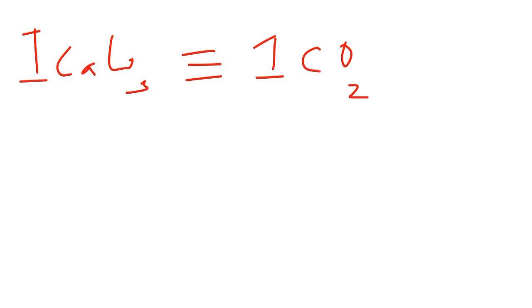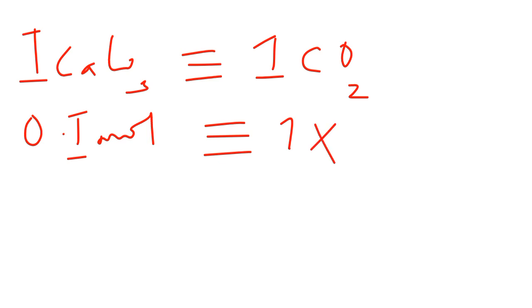Therefore, from the calculation, 10 grams of calcium carbonate is 0.1 moles. It will be equivalent to how many moles of carbon dioxide? At the end, we do cross multiplication.